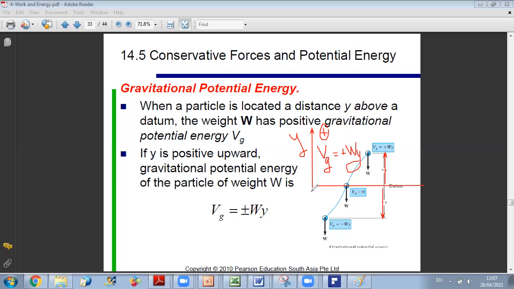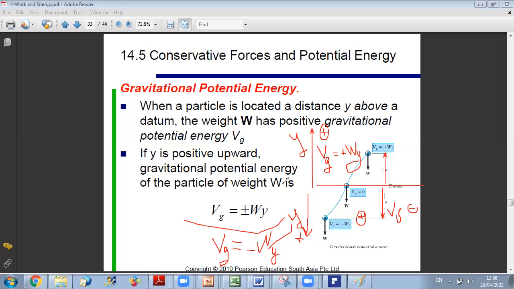On the other hand, if I take the y-axis positive downward, then the expression of my potential will be Vg equals minus W y, because in this way, y will be positive below the datum, and I know that in this region, my gravitational Vg is negative. This is why, in this case, y and Vg are opposite in sign, so Vg will be given by minus W y.